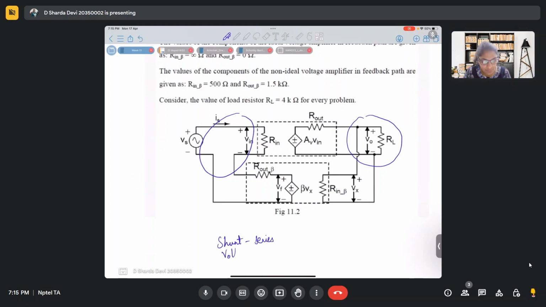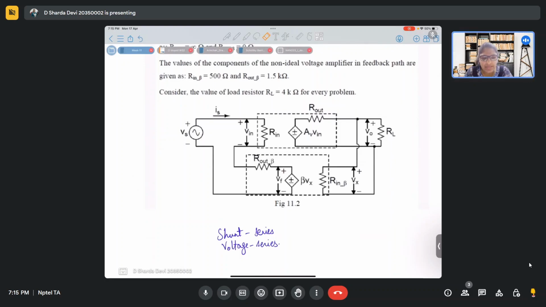Or voltage series. Actually, in my textbook, it is mentioned the other way around. But even when we were studying, and in this lecture also, it is like output then input. It's generally output then input.